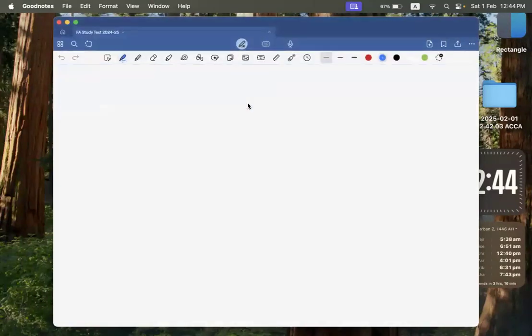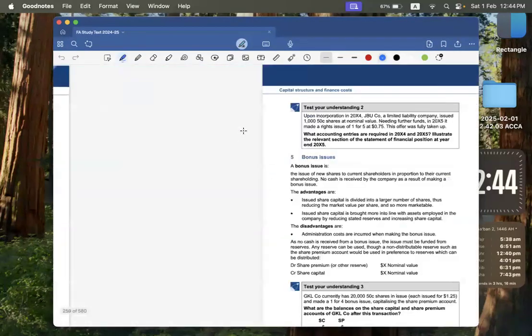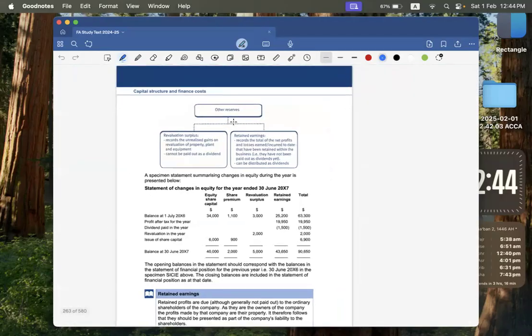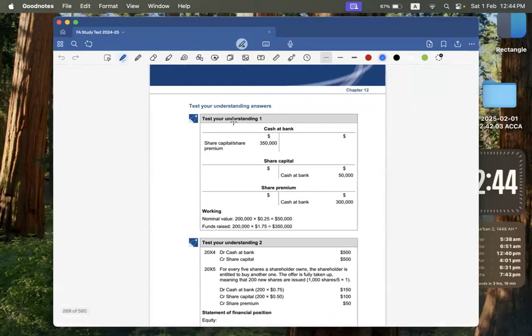For ledgers, you debit the increase and credit the decrease, right? But in bank, you credit the increase and debit the decrease.